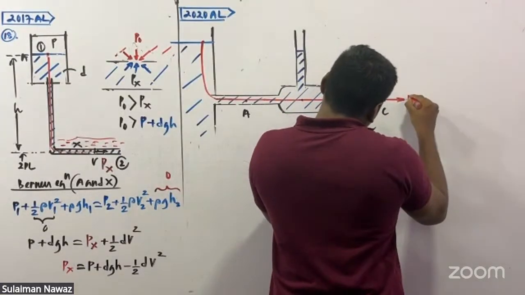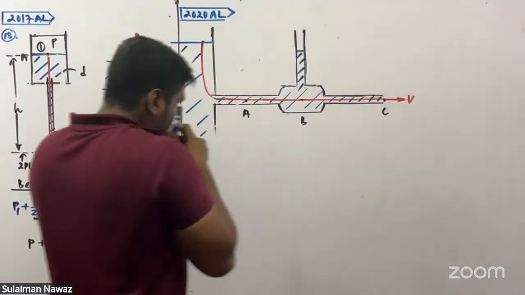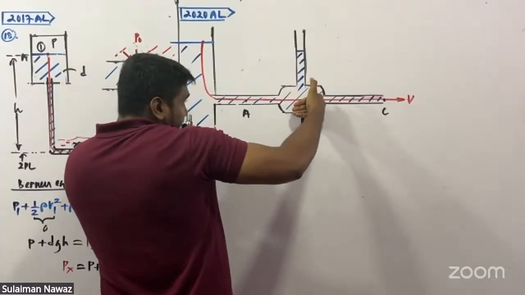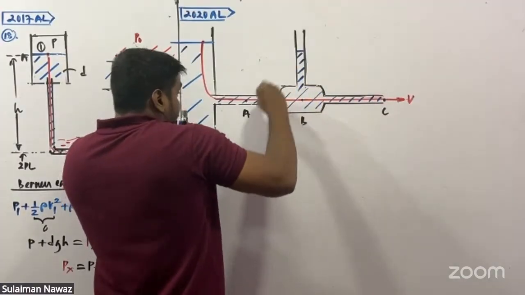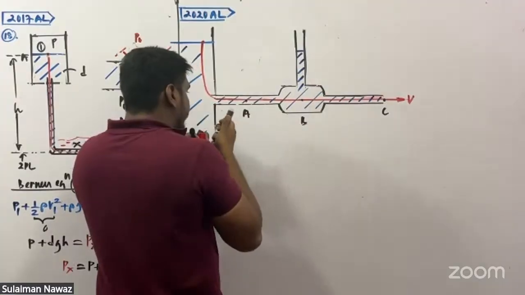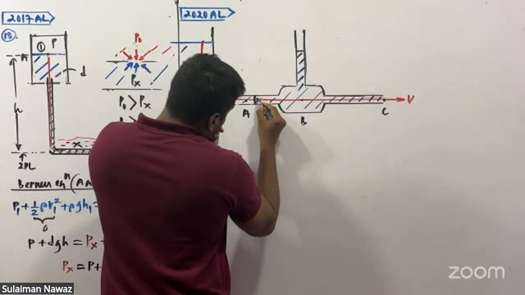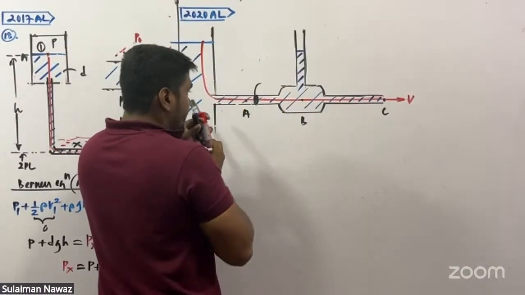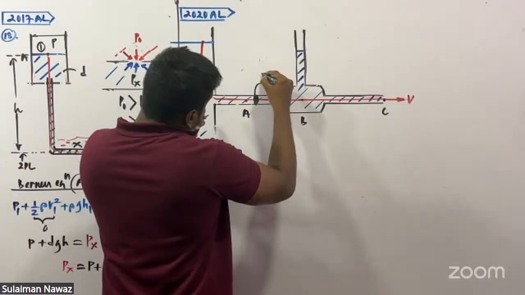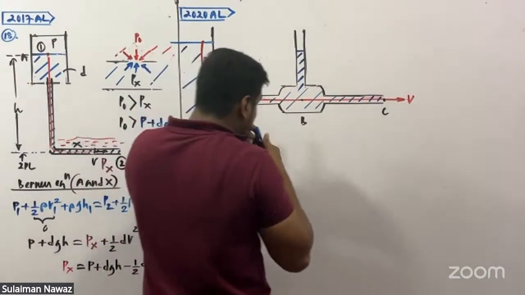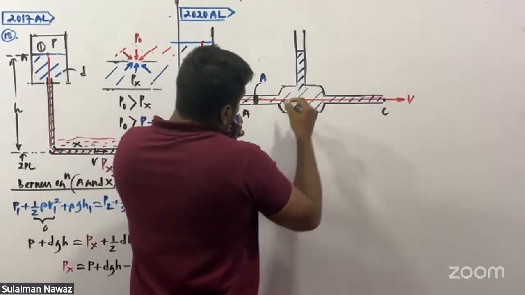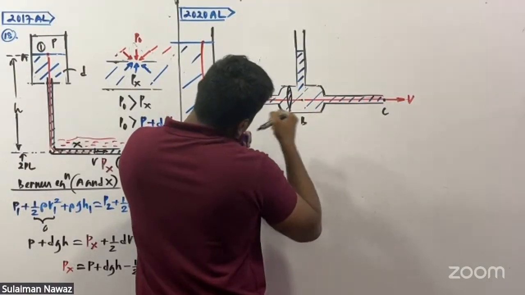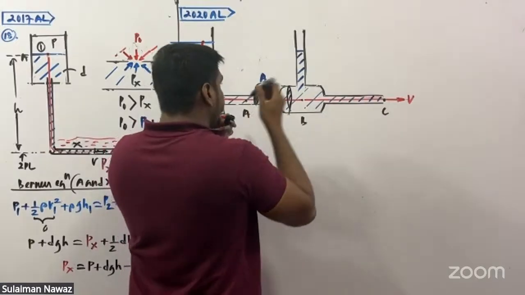When you read the question, you understand that the cross-sectional area in the region B is twice that of the region A. If the cross-sectional area in the region A is capital A, the cross-sectional area in region B is going to be 2A.